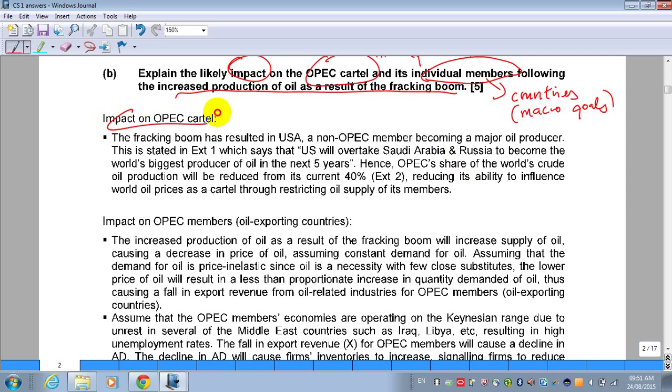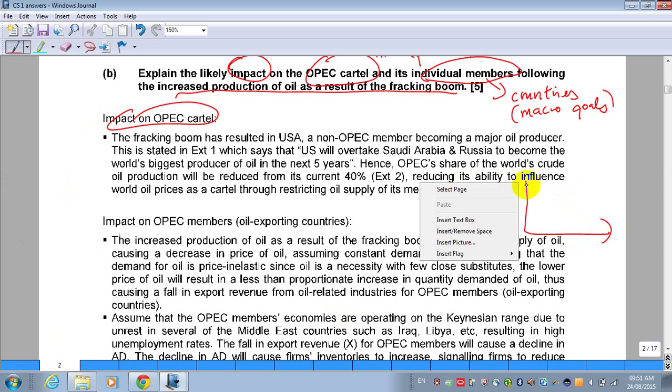Here they didn't draw the graph, but what I suggest you should do is draw the MR, AR, MC graph.